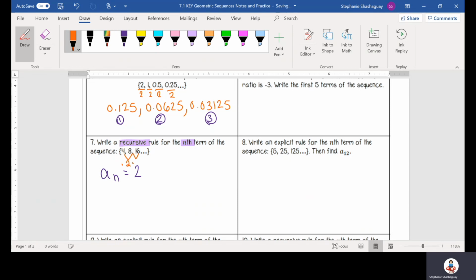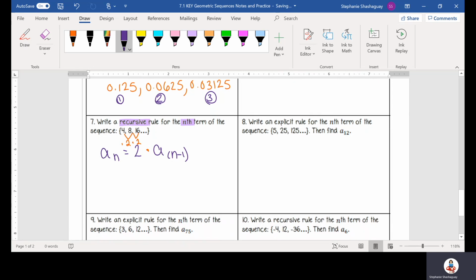From 8 to 16, I multiplied by 2. So a sub n is equal to 2, which is my ratio, multiplied by a sub n minus 1. Because I need to know the previous term in order to find the next term, the nth term.